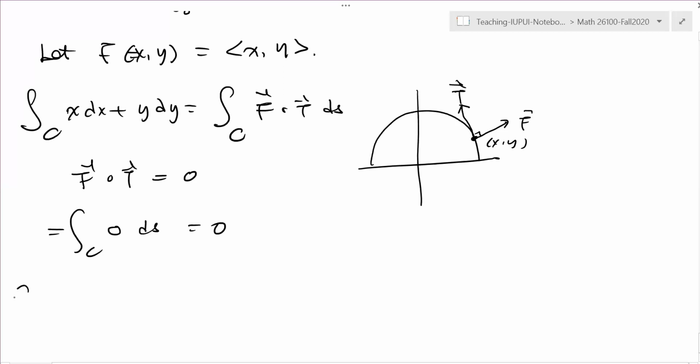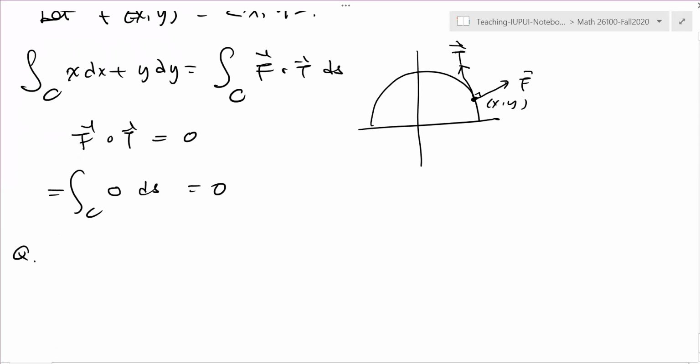Okay, let's take a look at the next problem, which is number 20. It's in 3-dimensional space. The function is defined as x plus y squared, xz, and y plus z.